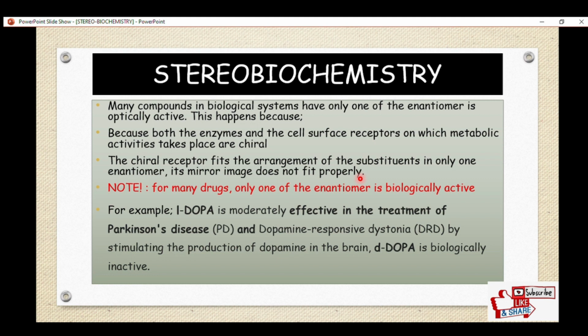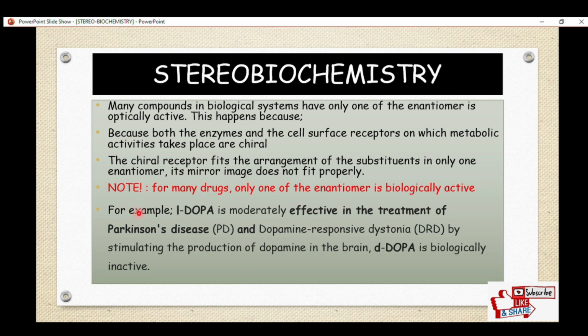So it's going to pick either the D or the L, based on the one that's going to effectively cure the disease. So note, for many drugs, only one of the enantiomers is biologically what? Active. Although both are optically active, only one is biologically active because our body is going to respond to only one of the enantiomers.